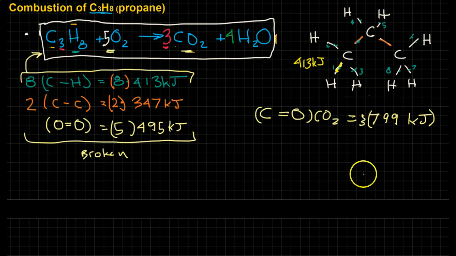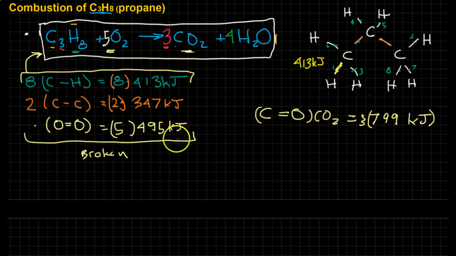And what else do we have? 4 H2Os. So let's do that. I'm going to have 4 O to H bonds. Let's change colors so I don't get it all confusing. In fact, I should have done that for this one because now you're going to look at them the same way. Okay, it's H2O.